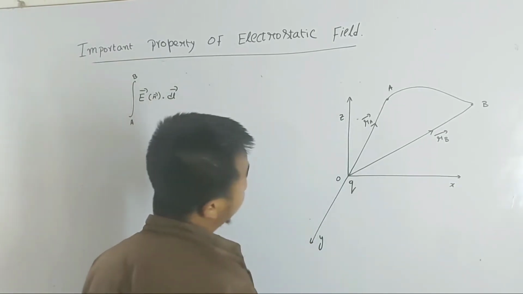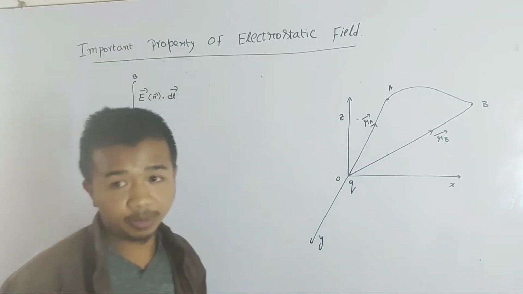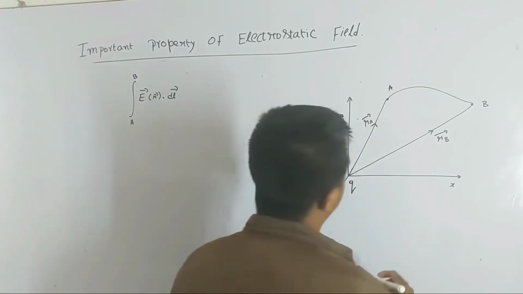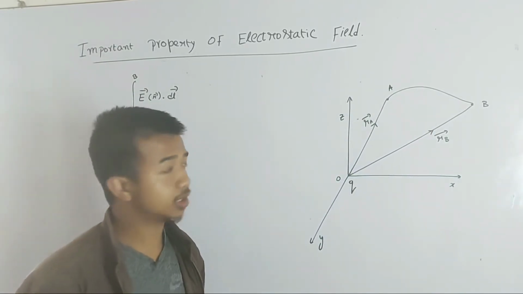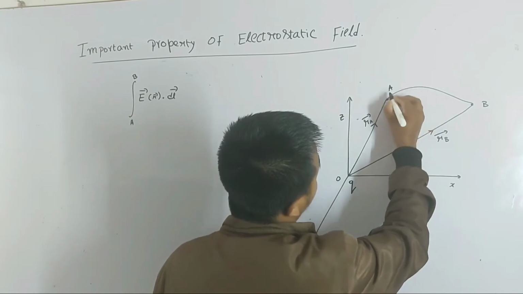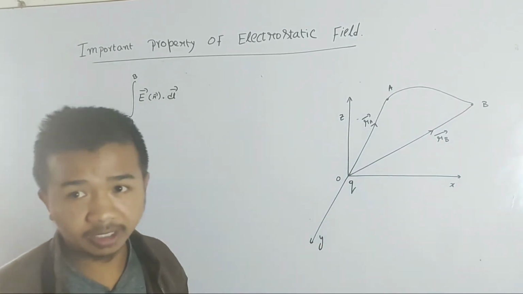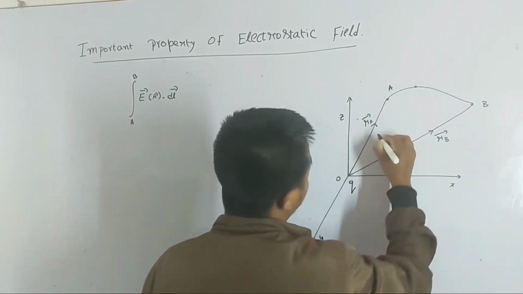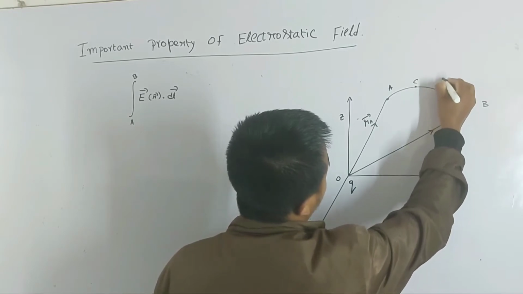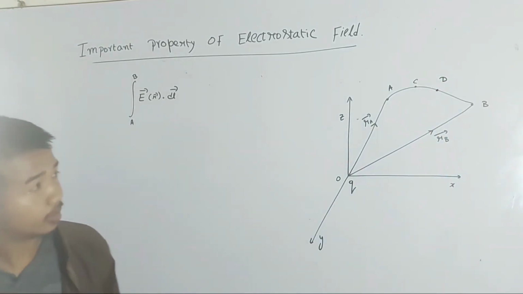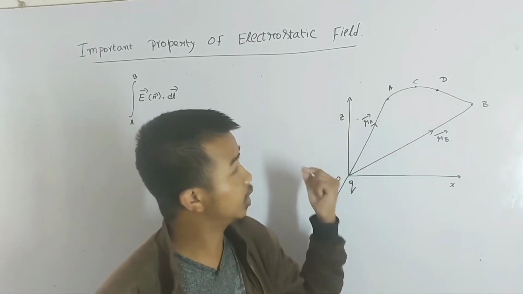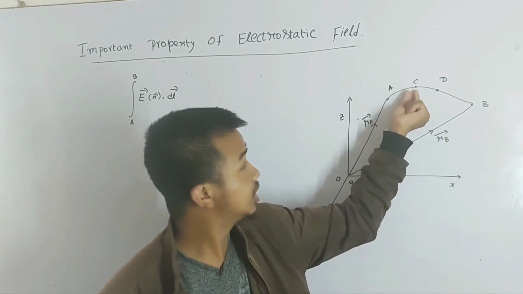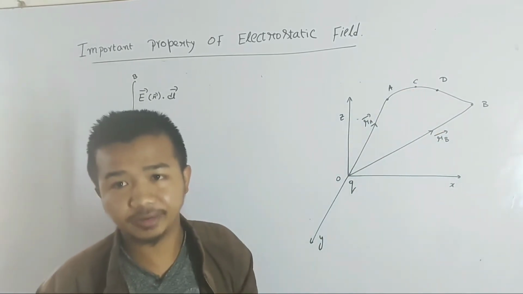Then let us divide this path AB into intervals. For simplicity, let us consider this path AB to be divided into three intervals. This one is a point C and this one is a point D. But remember that if we divide this path AB into very large number of intervals, C and D almost coincide.